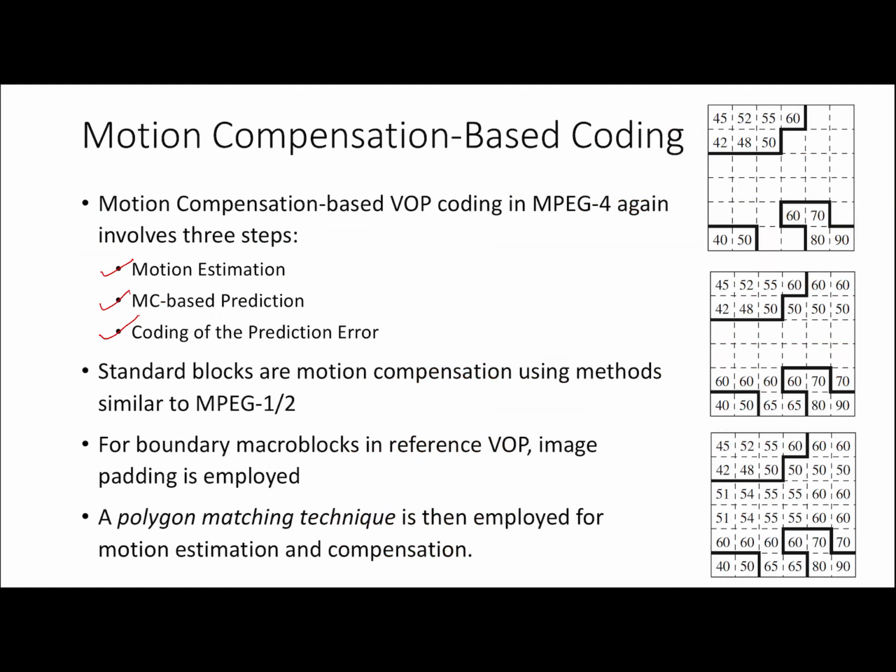However, a different approach is adopted for the contour macro blocks or the boundary macro blocks. So first, an image padding method is employed in the reference for these macro blocks. So if you consider this image, suppose these are the boundary macro blocks.